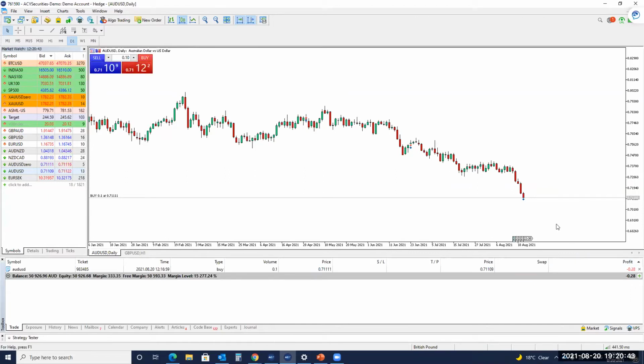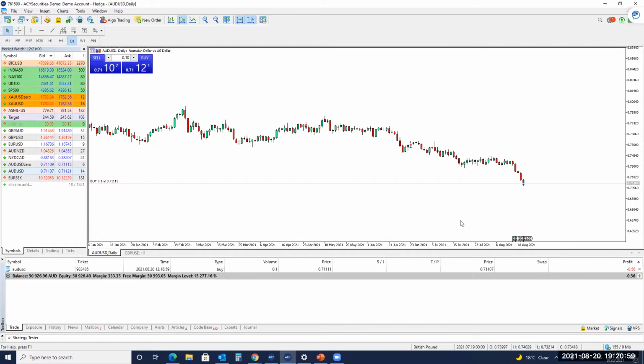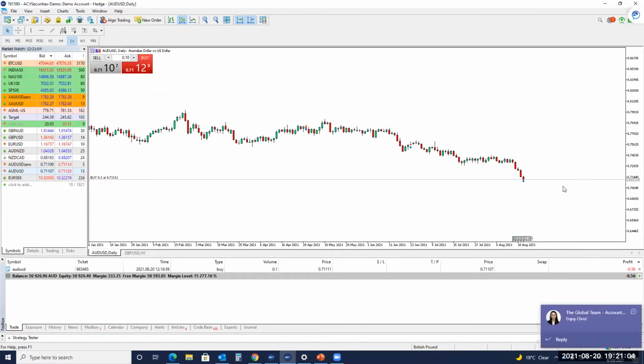Now, moving aside from that, I do want to get into the one-click trading component and how to set up stop losses and take profits, and a little more in depth into what they are. So we've set this trade up. We've elected to buy the AUD USD at 0.1 lots, which is equivalent to $1 per pip. Let's say hypothetically we wanted to set up a stop loss where we were risking around $100 or so.